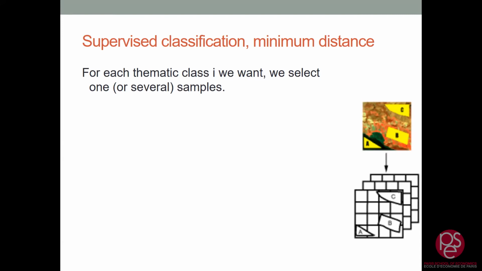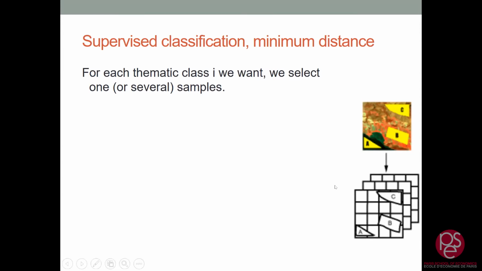What you can do is go to the field and make some observations and find with a GPS some places that correspond to the class you want to map. What you can also do is make a color composite using the technique I've shown last week. And you interpret small parts of the image to decide where the samples are.